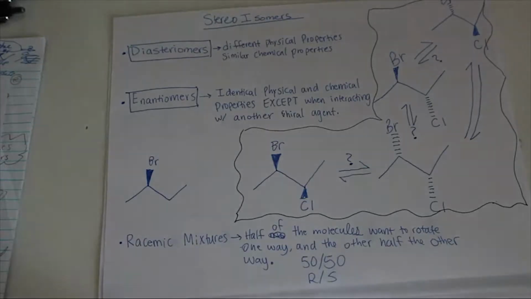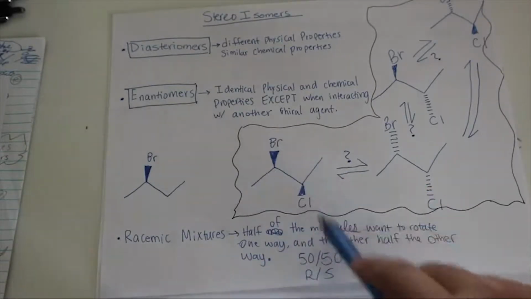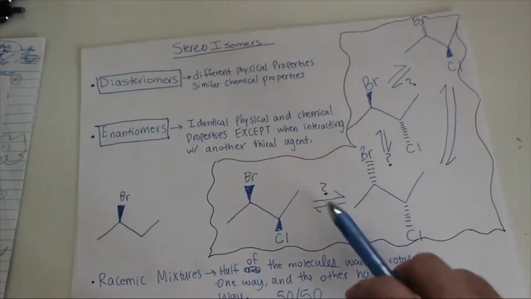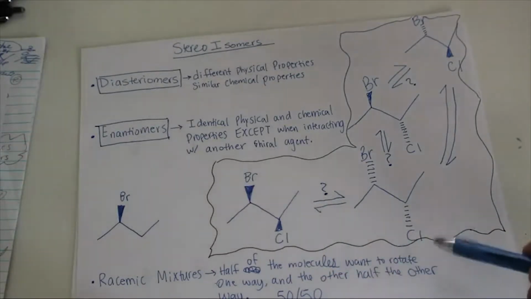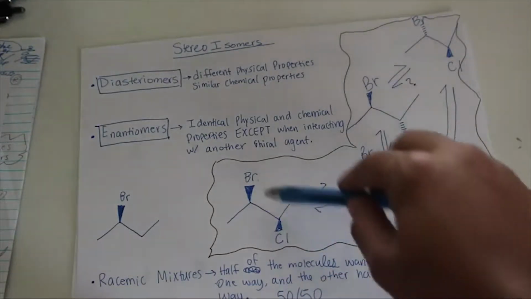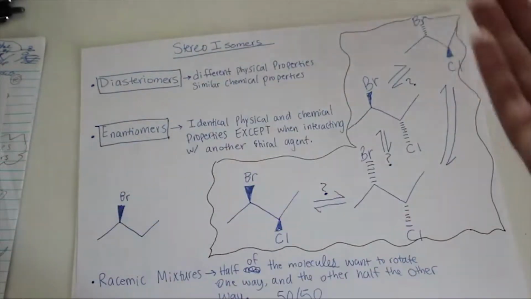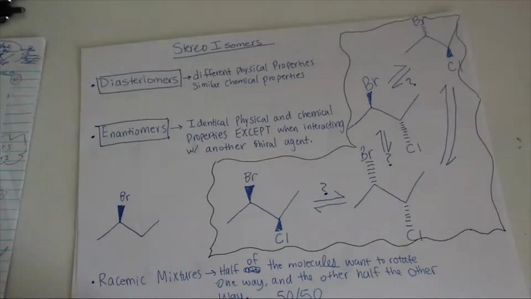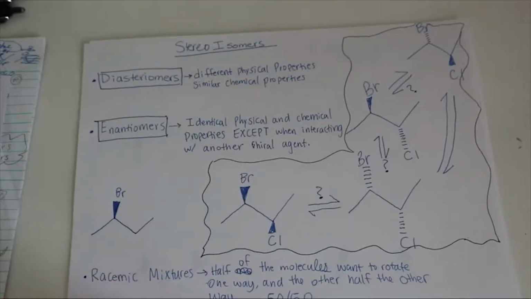So as you can see, we have this structure here, both with wedges on the halogens, and I'm asking how they compare to this one. These structures are the same, but their orientation is flipped. This is showing you this structure having these groups alternated in the opposite direction.